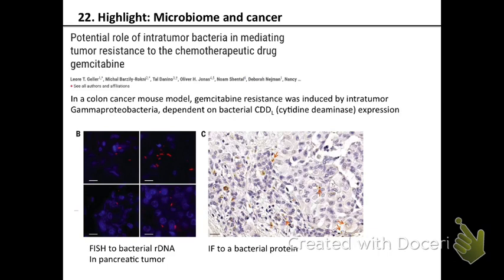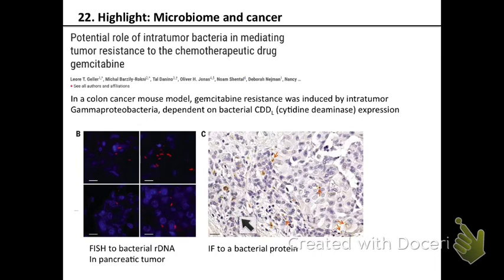And so this is essentially a figure showing you that. This is a pancreatic tumor. What they're showing is a DNA FISH against the bacterial rDNA from this gamma proteobacteria group, okay? And all of these little red lines here show that this bacterial DNA exists in that sample.